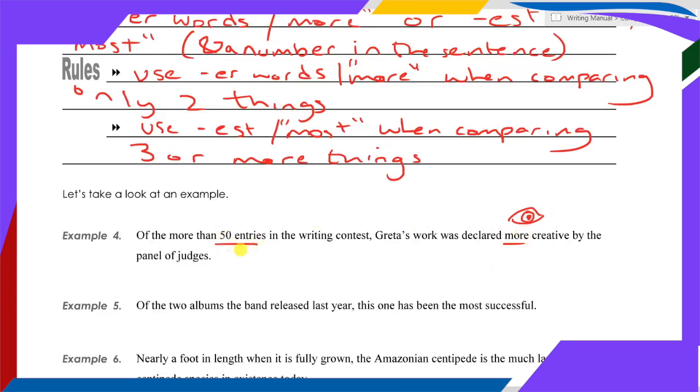However, there were more than 50 entries in this writing contest. So we do not want to use an ER word or "more." We want to use an EST word or "most." So of the more than 50 entries, Greta's work is declared most creative by the panel of judges.